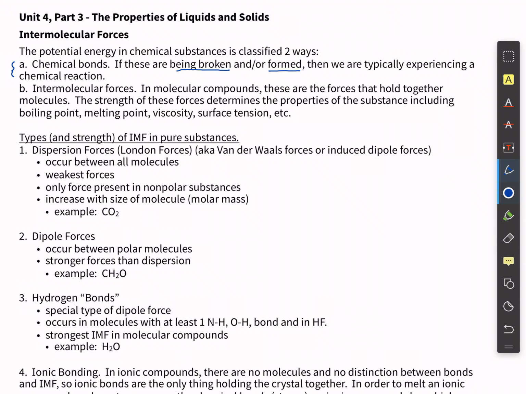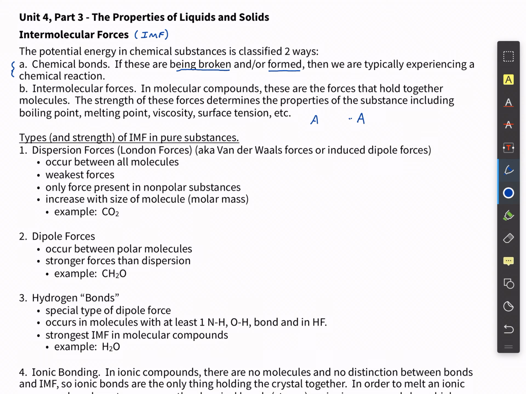However, in this chapter, we want to understand the other type of potential energy in chemical substances, and that is what is called intermolecular forces. We sometimes abbreviate this as IMF for intermolecular forces. And in molecular compounds, these are the forces that hold the molecules together. So we're talking about molecule A to molecule B. So we've got a molecule of compound A here, we've got another molecule of compound A here.